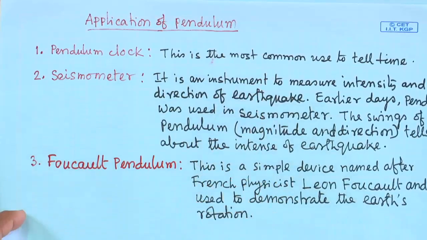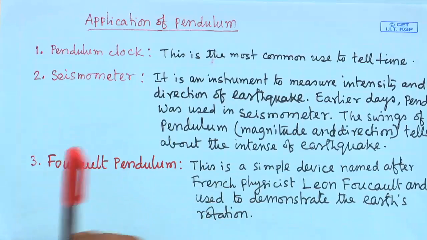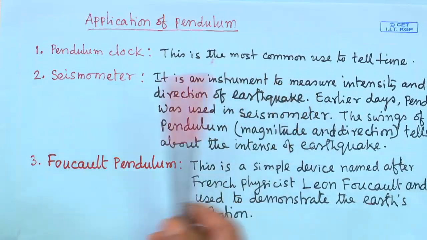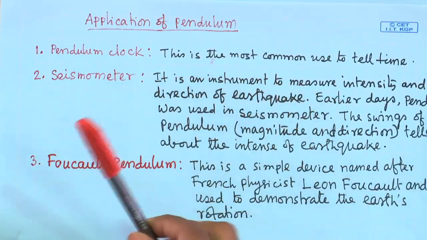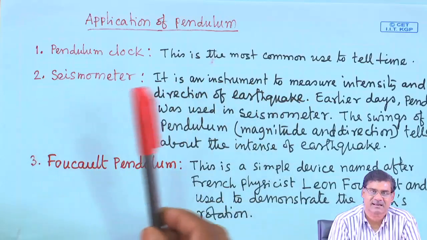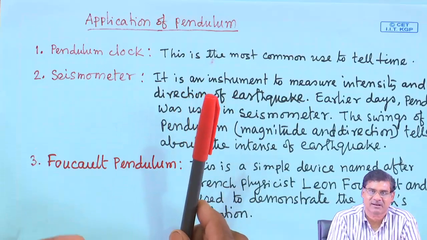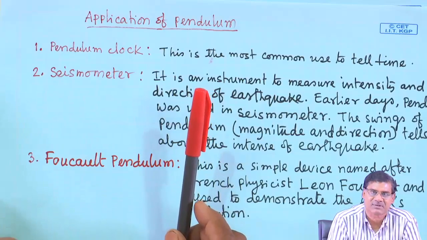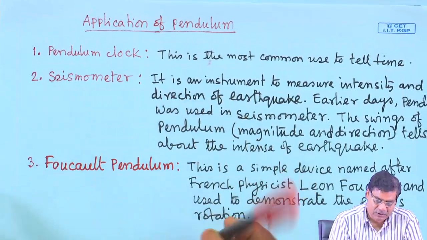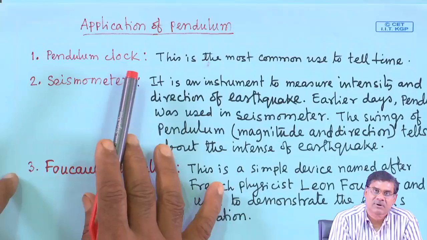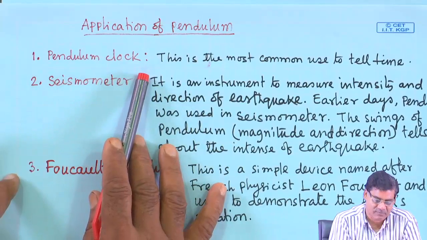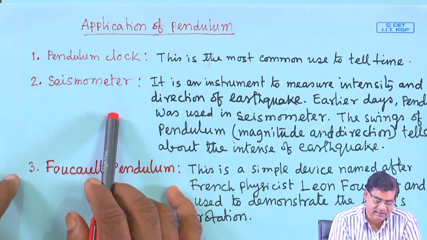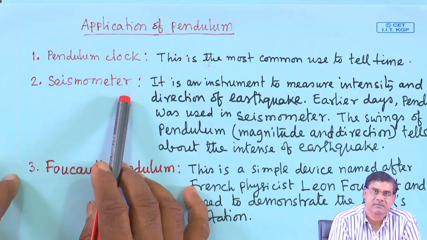Something like a wall watch. Nowadays fewer such clocks are seen, but I think in some houses they are there. So, this is one application of the pendulum. The second application is the seismometer.